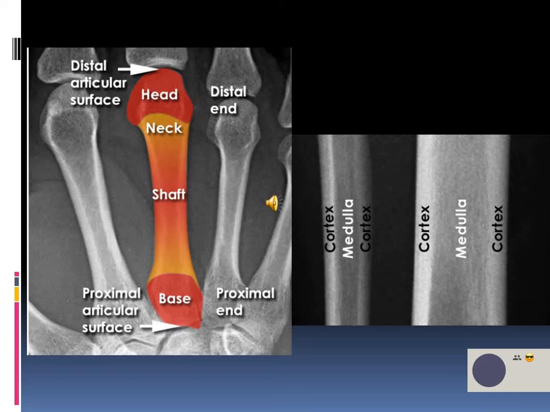What about the normal anatomy? From distal to proximal, we can show in this image on the left side the head of the metacarpal, the neck, the shaft and the base. So this is in general the normal anatomy.